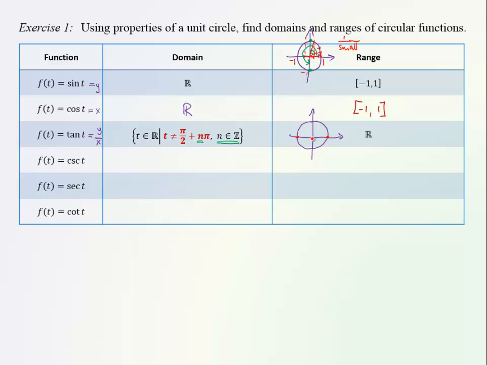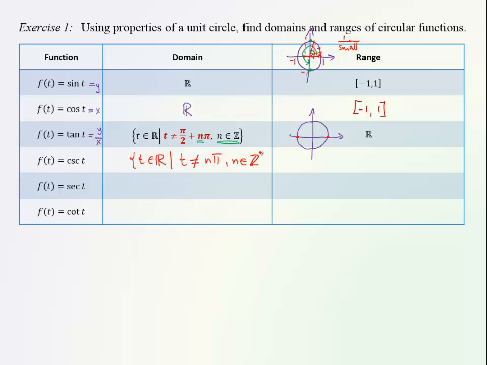So these 2 points translate into angle 0 or pi. So any multiple of pi is not good because then the denominator will be 0. Therefore, we can state that the domain of cosecant is all real numbers except for those, t must be different than any multiple of pi, n pi, where n is any integer.